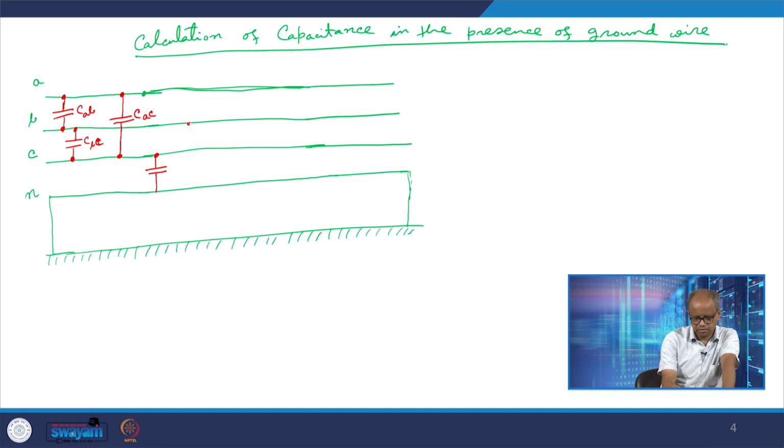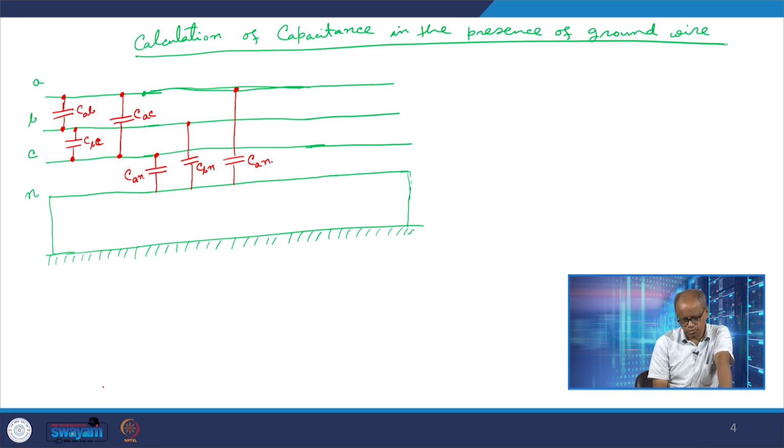Then I will have a capacitance between this and this, and between this and this. So you can say that it is CAN, CBN, because this is the n conductor, and CCN.